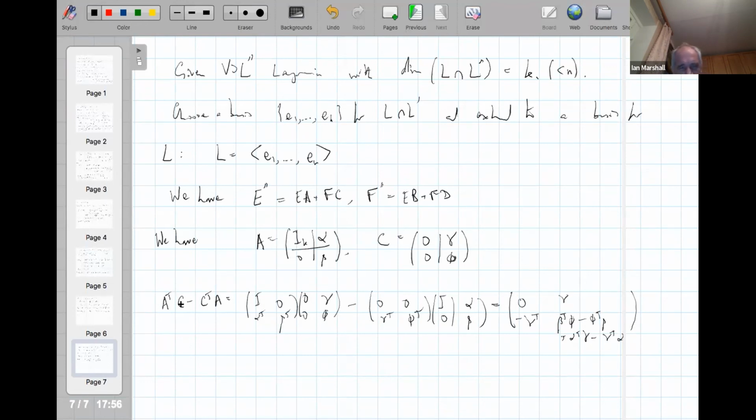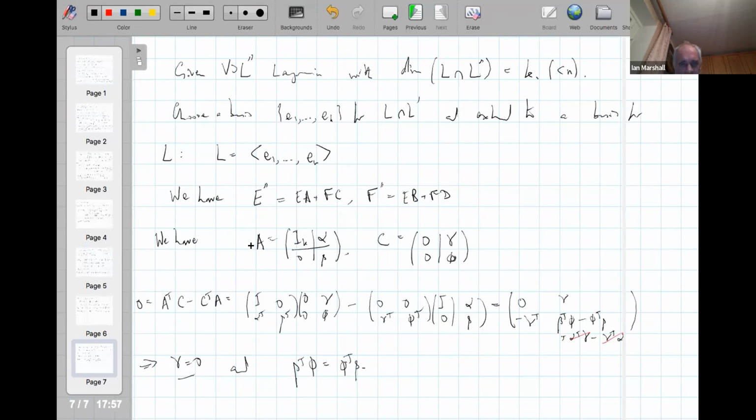And this is supposed to be 0, which means that gamma is 0. And as gamma is 0, those things disappear, and beta transpose phi is equal to phi transpose beta.